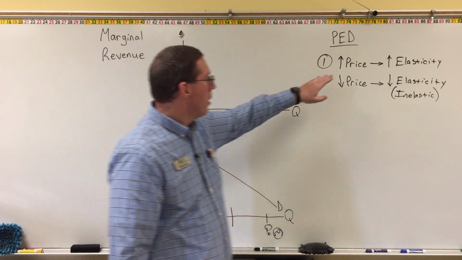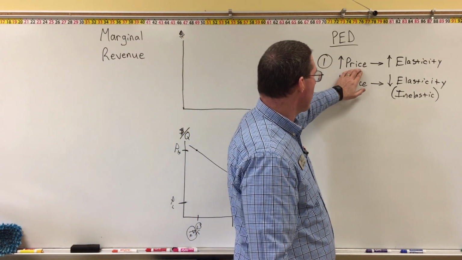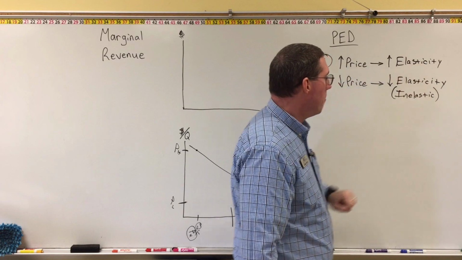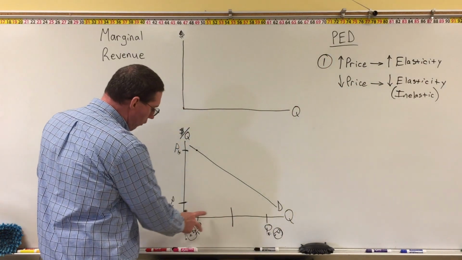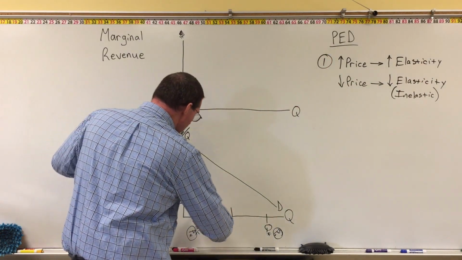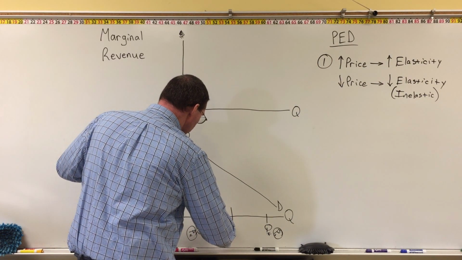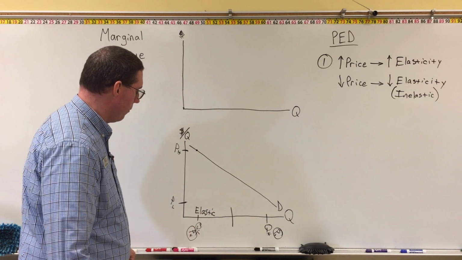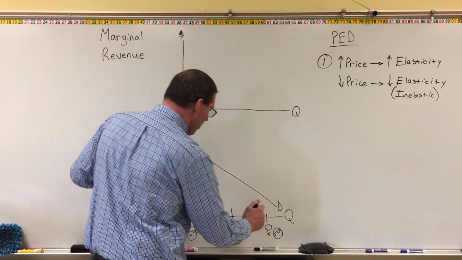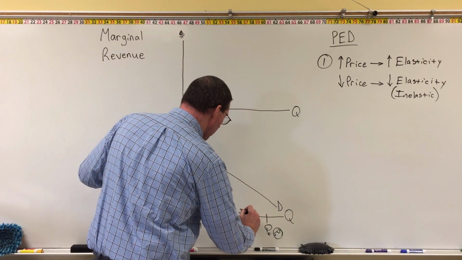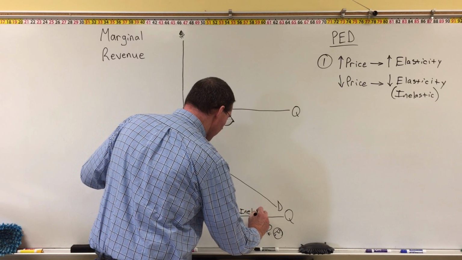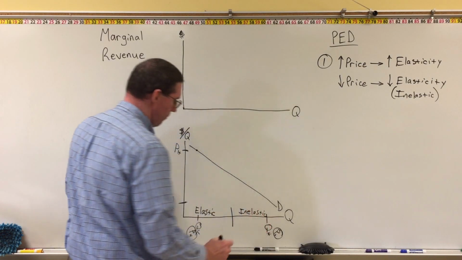Well, look, when the price is higher, demand is more elastic. And so over here in this region, this is going to be the elastic demand region. And over here, this is going to be the inelastic demand region.